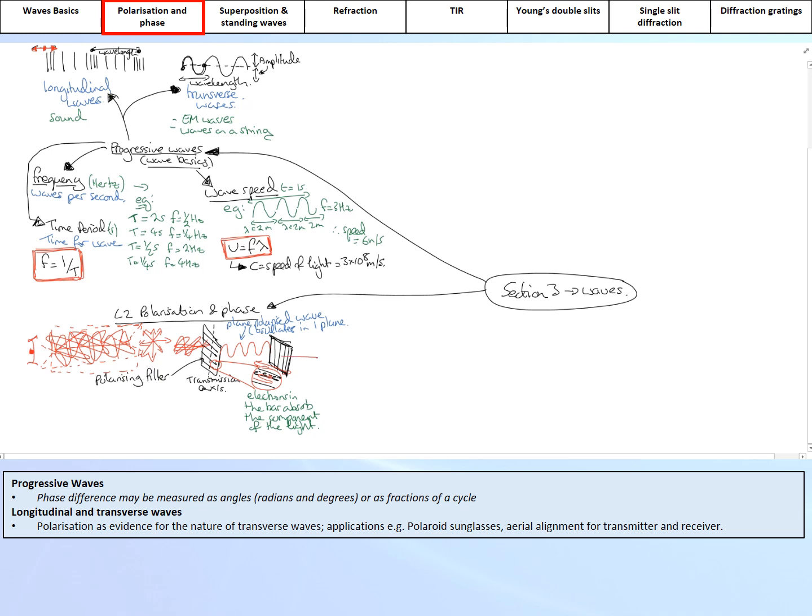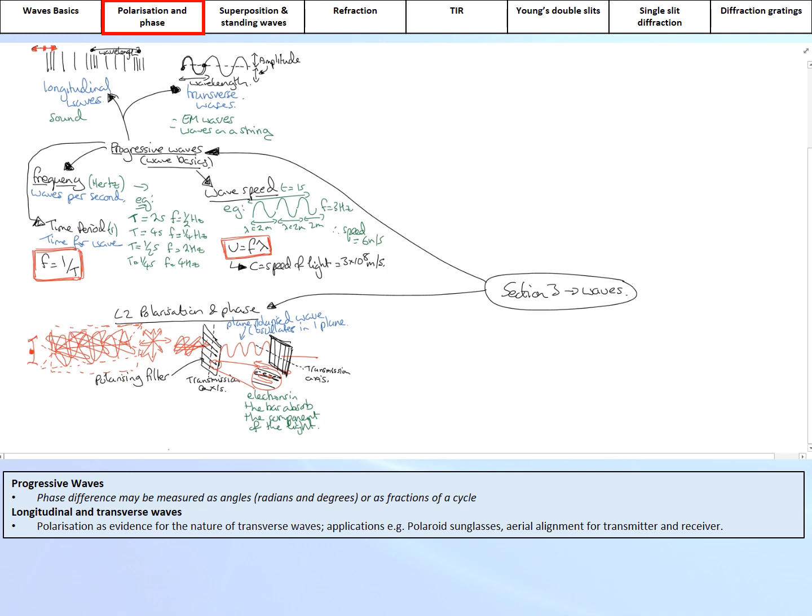And the end result is that we'll get nothing out the other side of this second grid. Incidentally, if it absorbs the up and down bit, it must transmit the left and right bit. So we can draw on the transmission axis there. In the exam, you will only be given the transmission axis. You won't need to know about the directions of the bars, but that's how it works.